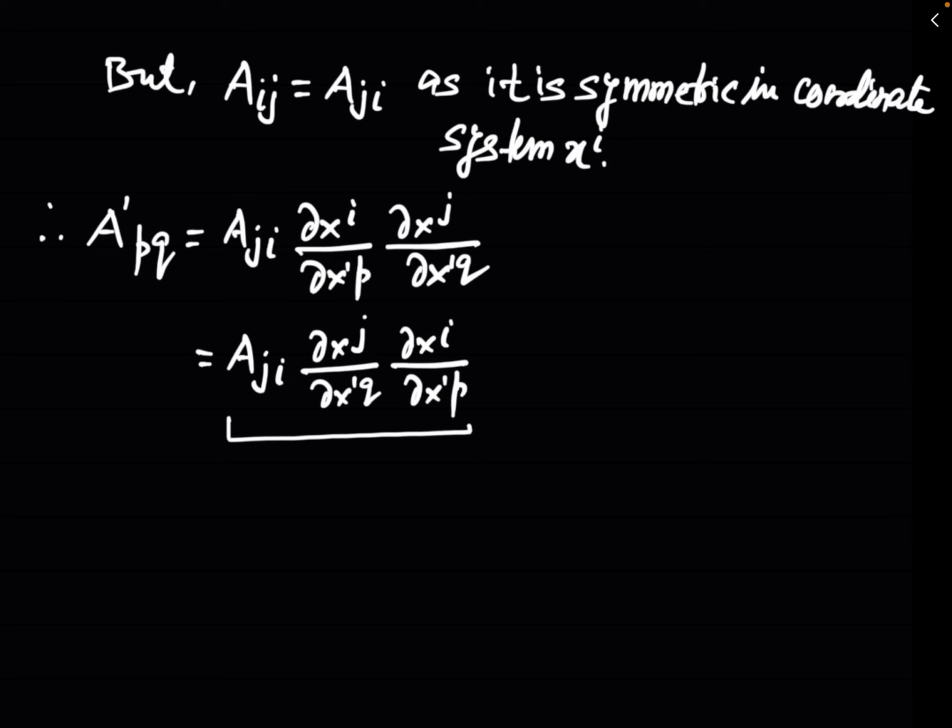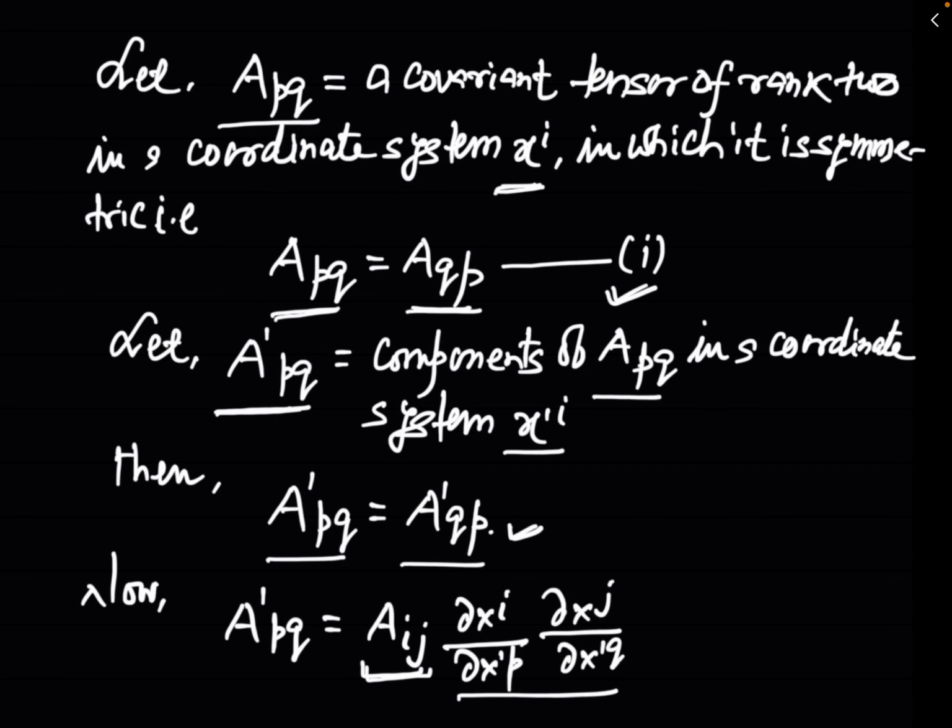Now see this, and remember the law of transformation of a covariant tensor of second rank. If that transformation law is in your mind, you can easily say that this is simply A prime QP.